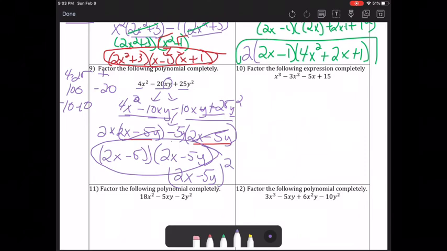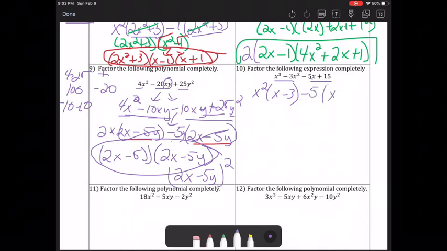All right, number 10, middle is already split for you. So all you have to do is separate this into two separate problems. So we have x squared and x minus 3, because I factor out an x squared from those two terms. These two terms, the next two terms, their greatest common factor is negative 5. So I factor out a negative 5.